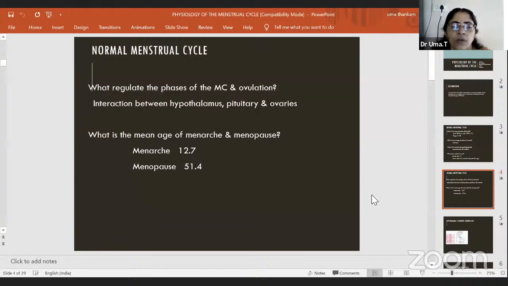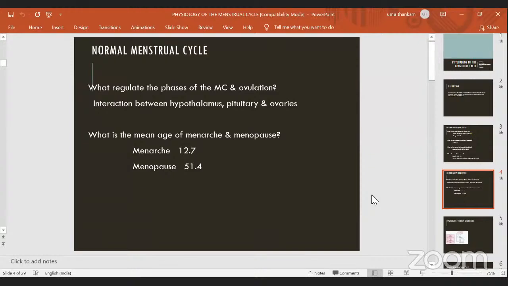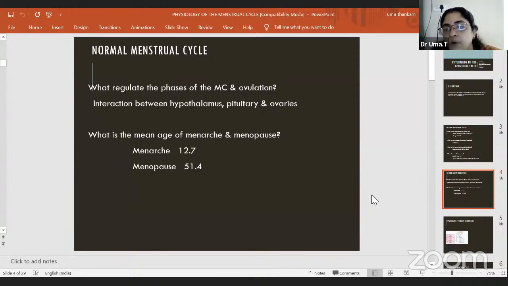Okay. So what is the mean age of menarche and menopause? In earlier days, menarche used to be very delayed. After 16 years, 17 years, we would have heard it. But now, because we are having a better nutrition status for our women, because of the social and environmental circumstances, girls are attaining menarche at a much earlier age.